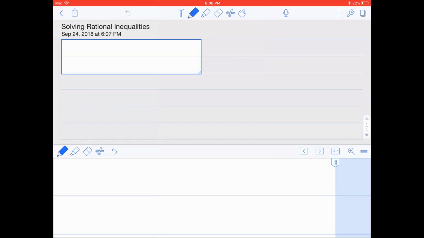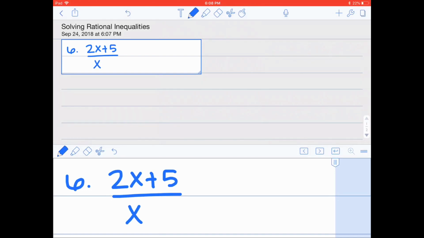All right, so I'll go ahead and do problem number 6 on the solving rational inequalities sheet. The first thing we want to do is get everything to one side of the inequality.